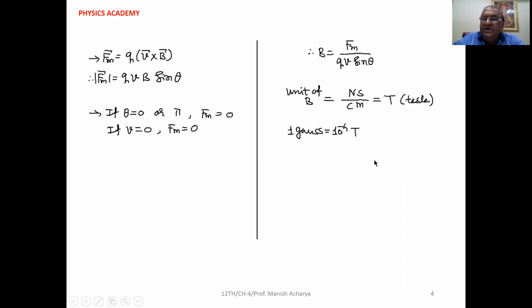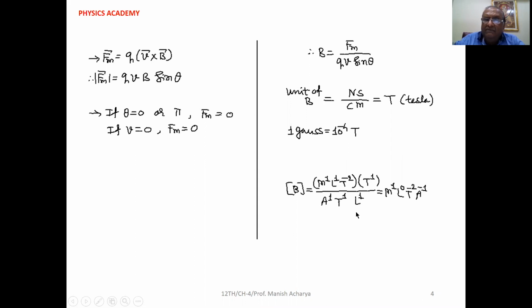Now from this unit, you can prepare the dimensional formula also. Say, dimensional formula of magnetic field B is equal to dimensional formula for force, means of Newton, that is M1 L1 T minus 2. For second, T1.